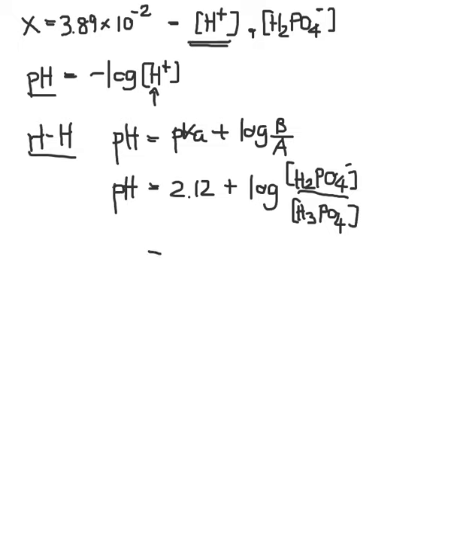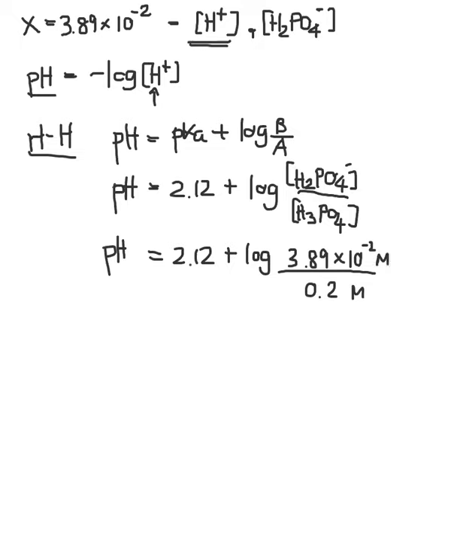So we plug in the concentration of H2PO4 minus, which is 3.89 times 10 to the negative 2, and divide by the concentration of H3PO4 at equilibrium, which we said doesn't change much, so it's still 0.2 molar.